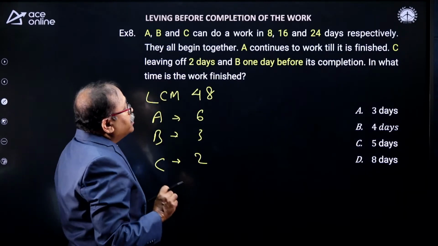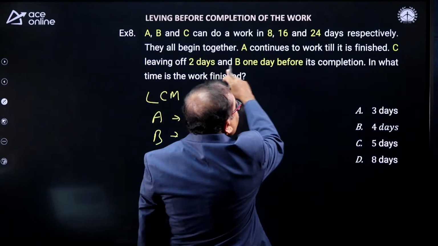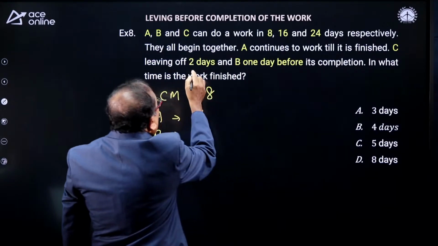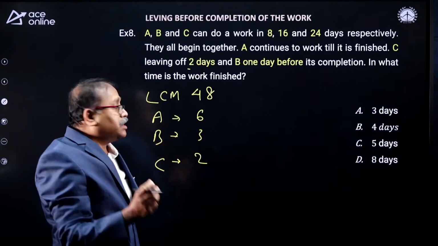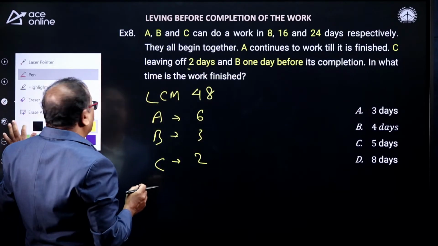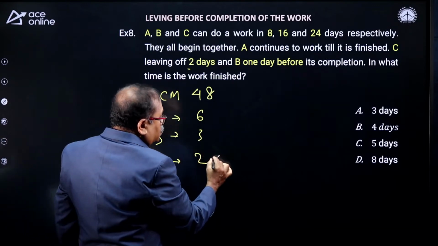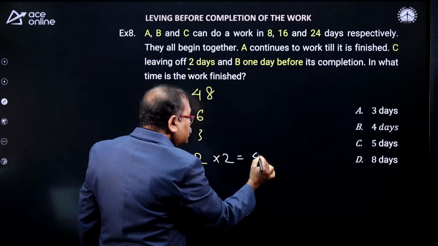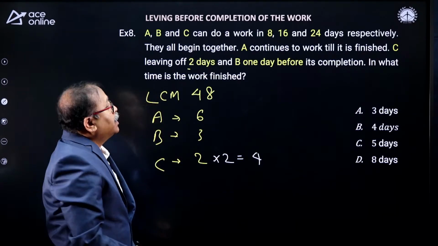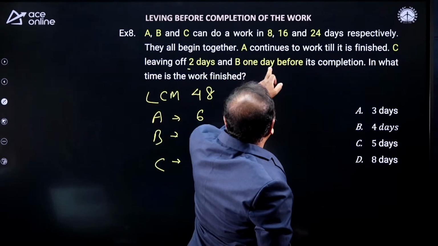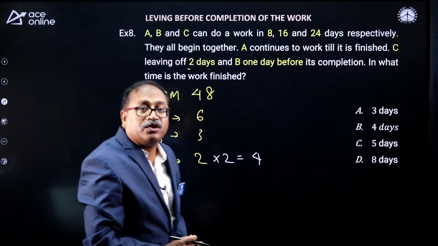What we have to do over here is C leaving 2 days before completion of the work. That means in 2 days C would have completed how much work? That is 4 units of work. So he left this 4 units of work. And then B leaving 1 day before completion of the work.